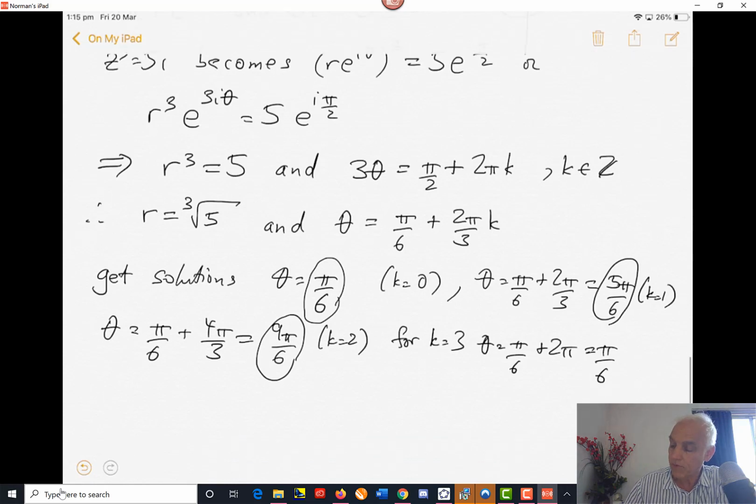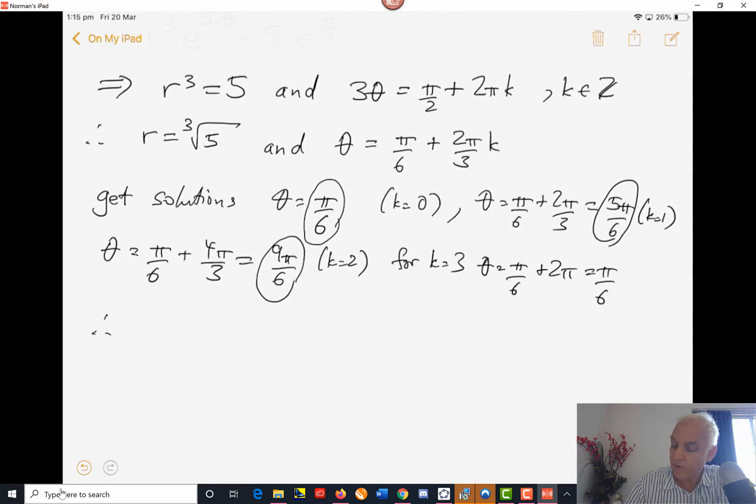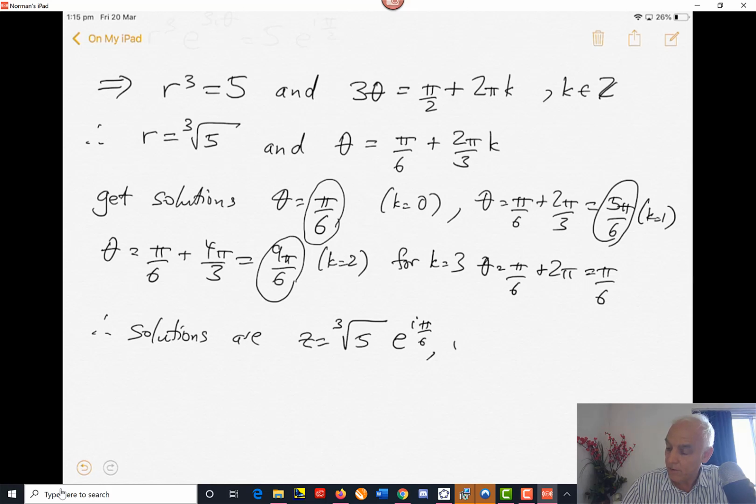To summarize, the solutions are z equals the cube root of 5 times e to the i pi on 6, the cube root of 5 times e to the i 5 pi on 6, and the cube root of 5 times e to the i 9 pi on 6.